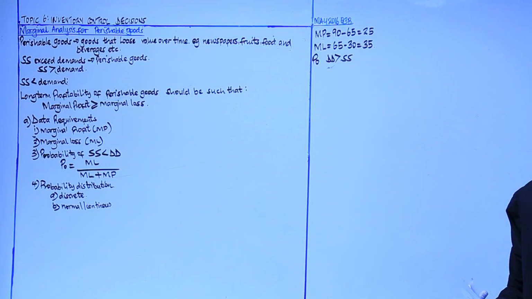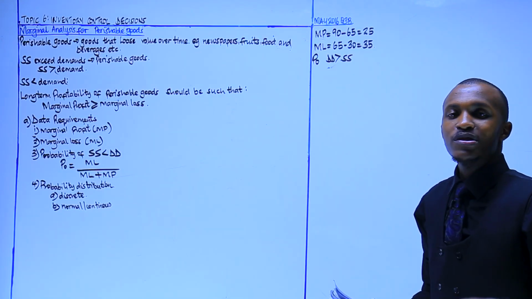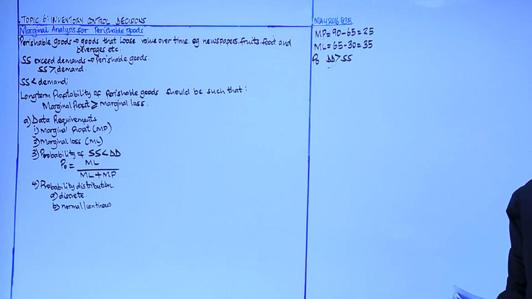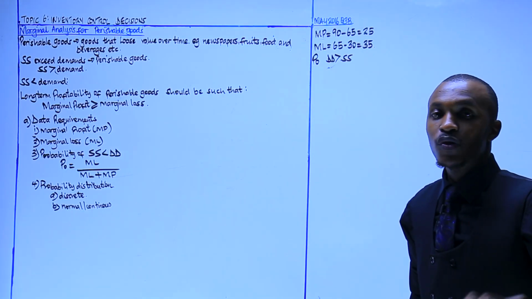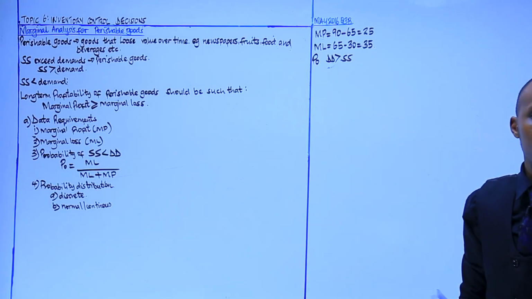That is the most ideal situation. Remember, when your demand is greater than supply, you're going to sell everything. But when your supply is greater than your demand, there are some units at the end of the period that will not be sold. And those ones are the ones that are bringing issues of perishable goods.